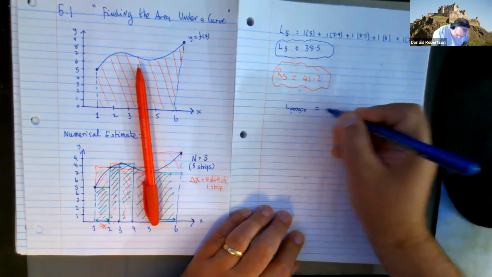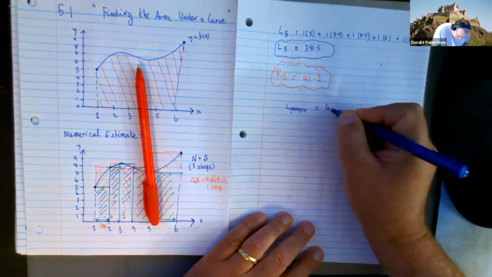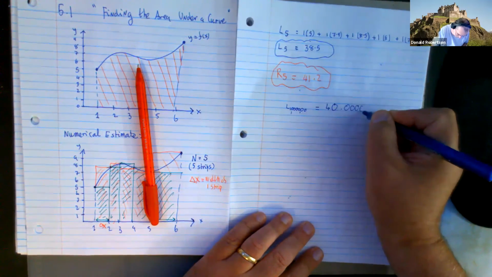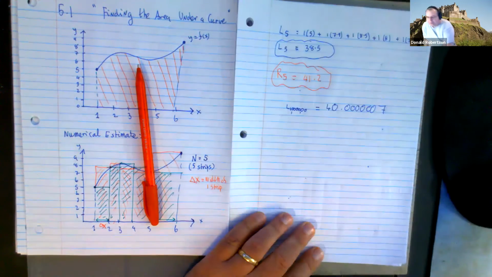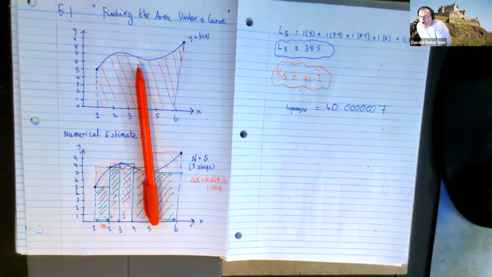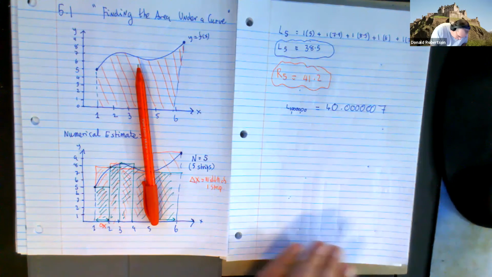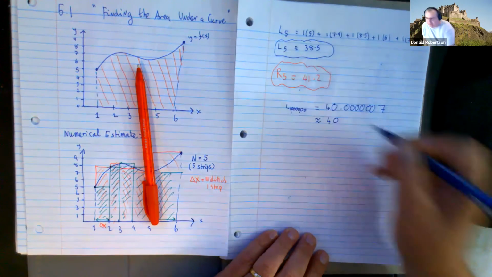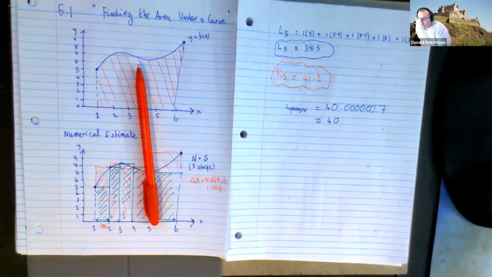And let's say L 1 million came out as 40.0000007. If you were a gambling person, wouldn't you probably say that you think the right answer is probably 40?